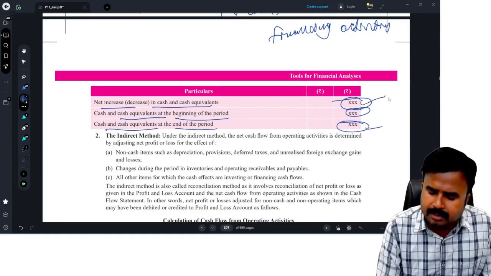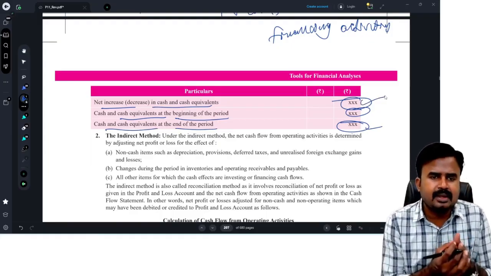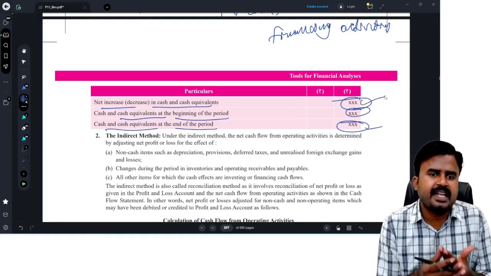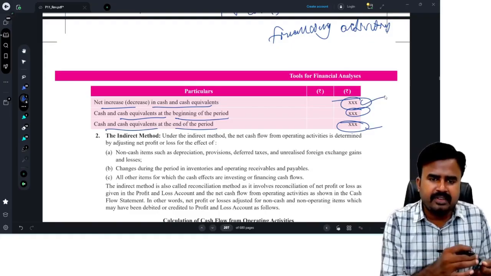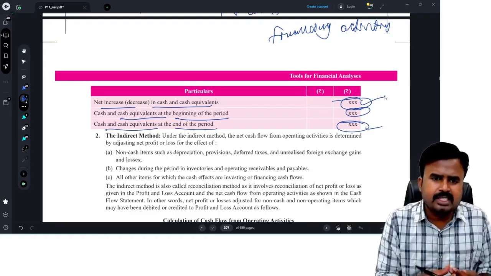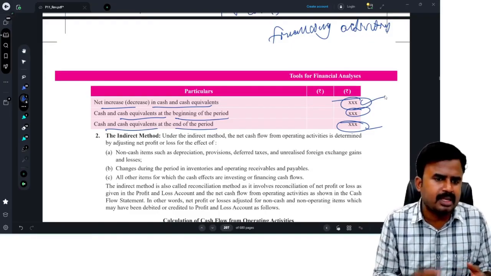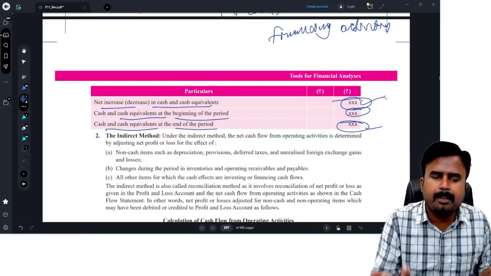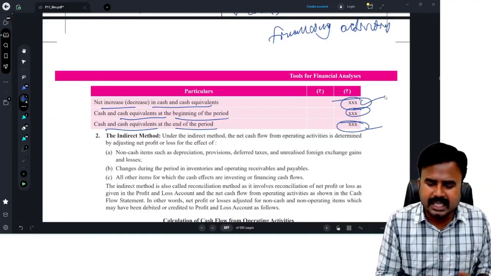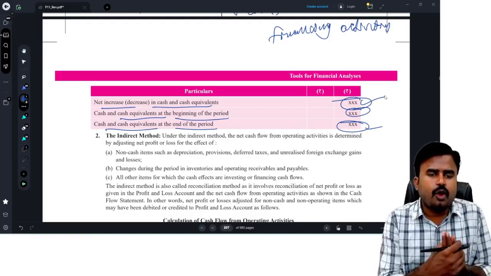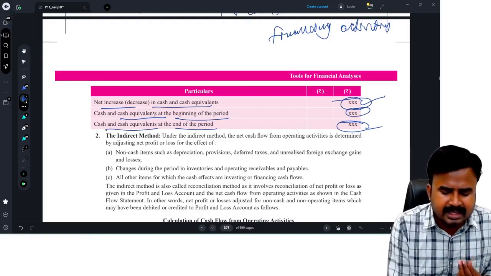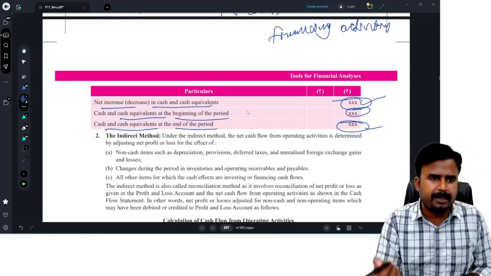See, this number is a net result of three activities: operating, investing, and financing activities. All these three activities may not result in generation only. Sometimes some of the activities may result in application also, nothing but reduction in cash flow. So the net result of all these three activities is nothing but net increase or decrease in the cash and cash equivalents during the period.